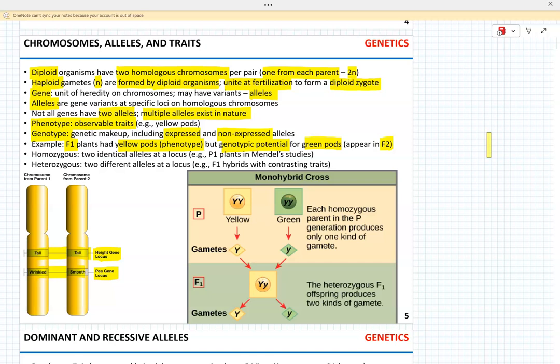So, depending on the combination of alleles, organisms can be homozygous when alleles at the locus are identical, for instance, P0 plants, or heterozygous when two different alleles are located at the same locus.